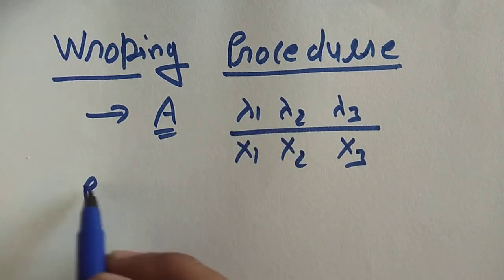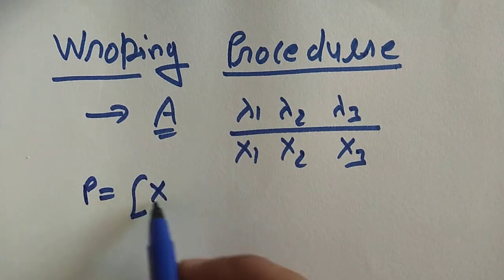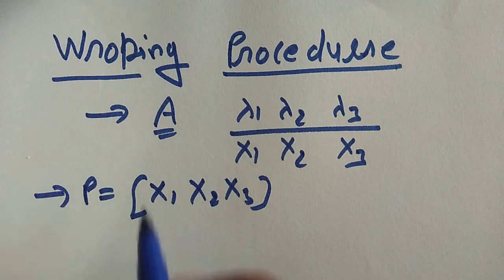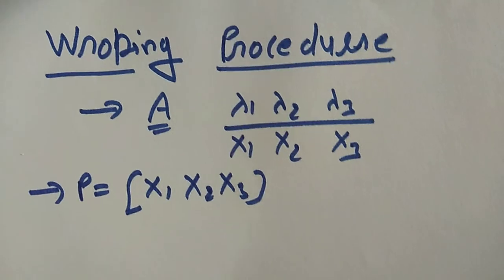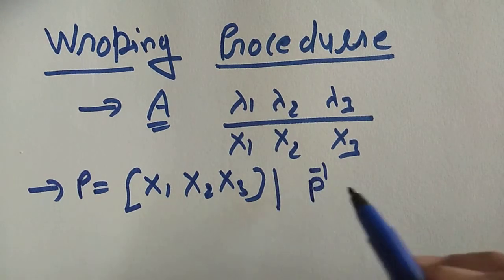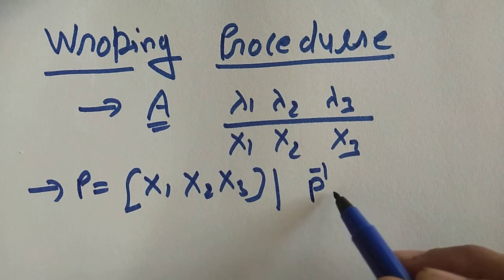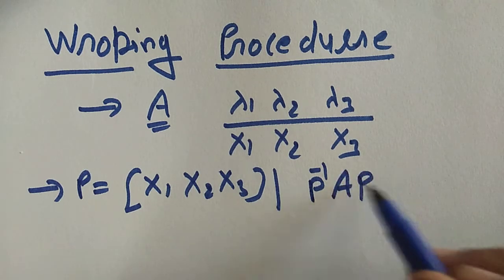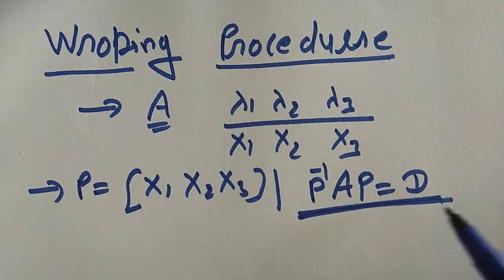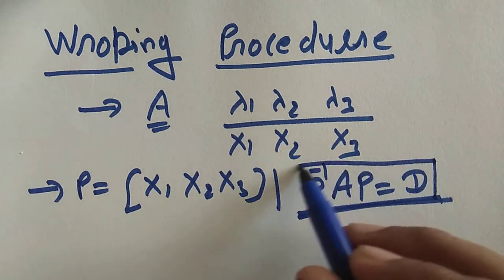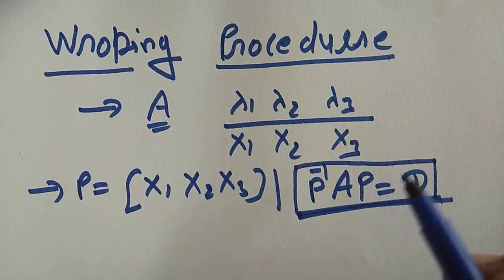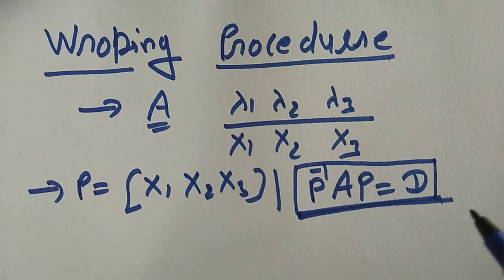So your P matrix, the modal matrix, will have columns x1, x2, x3. So each column is an eigenvector of the given matrix. Then we find P inverse and P inverse AP should be the D matrix. If this process works, we say A is diagonalizable and this whole process is called diagonalization of the matrix.